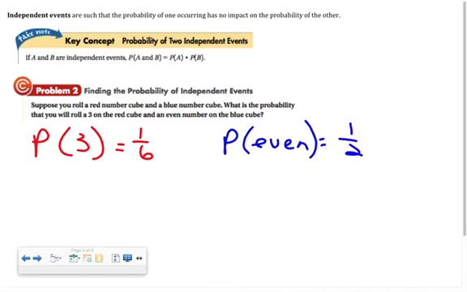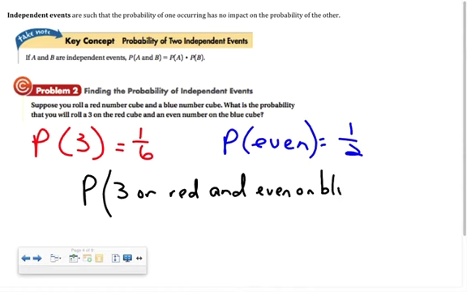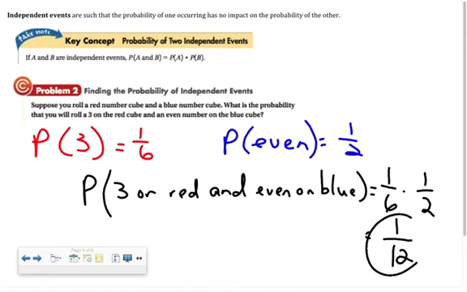So, probability of 3 on red and even on blue is 1/6 times 1/2, and ladies and gentlemen, you must overcome your fraction fears now or never. 1/6 times 1/2, straight across the top, straight across the bottom, that's 1/12.